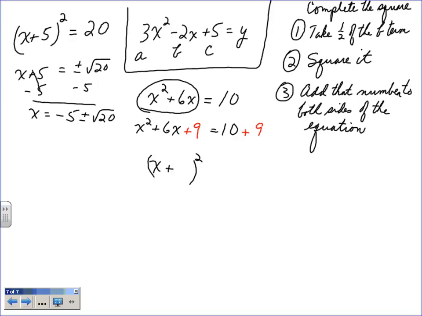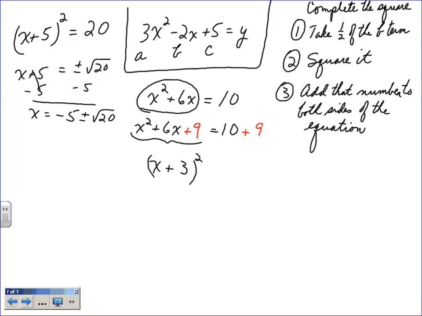Awesome. Okay. The reason we do that, if you remember from chapter 9, that is called a perfect trinomial square. And when you factor it, it factors into x plus 3 quantity squared.